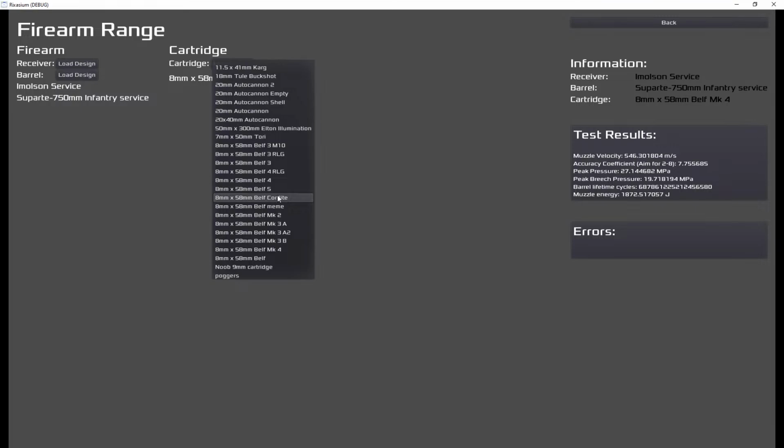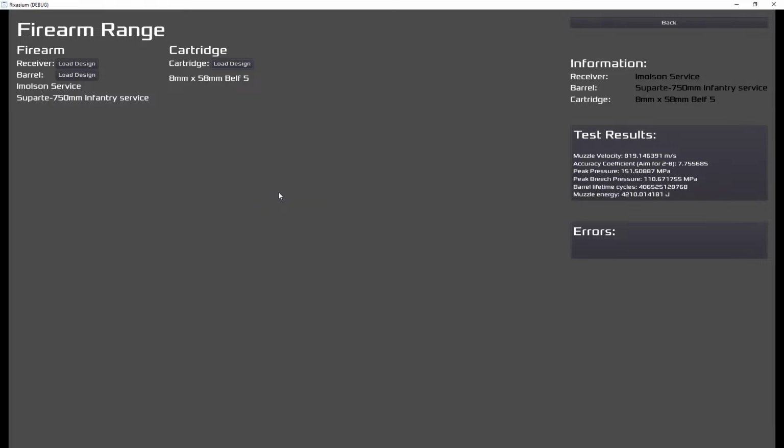Okay, so it's pretty close to the real deal. Yeah, okay, so peak breach pressure here, 110 megapascals. Why is this one correct? Why is this one right? I don't want to know why.